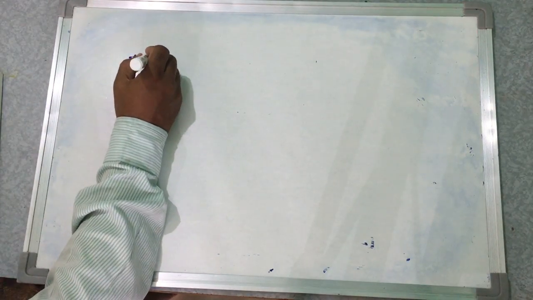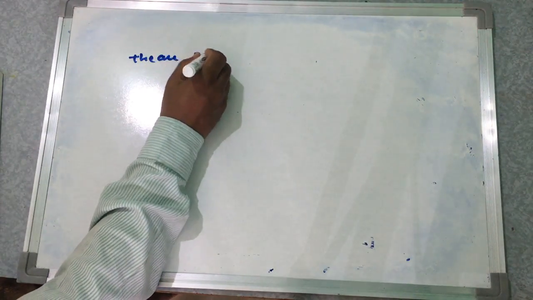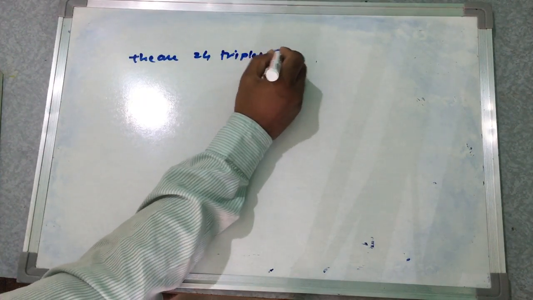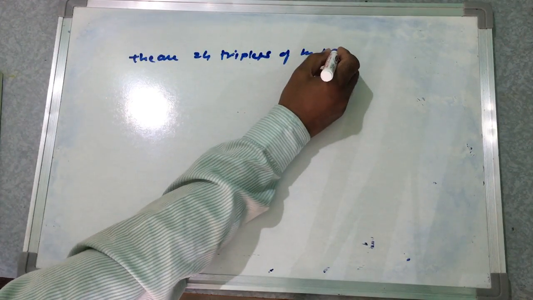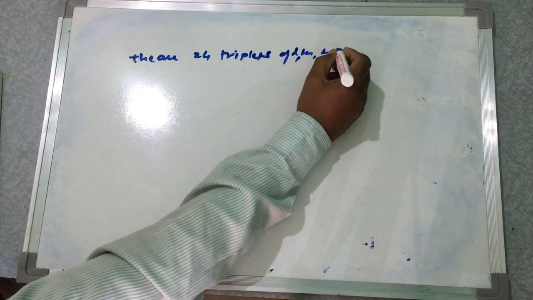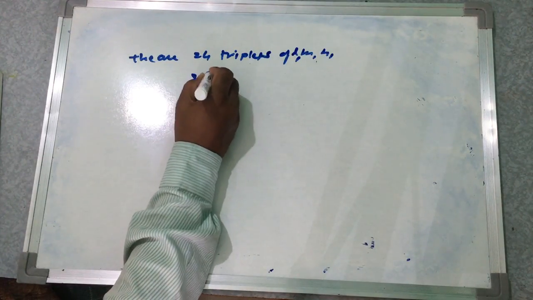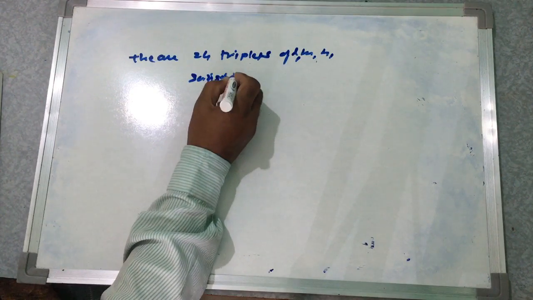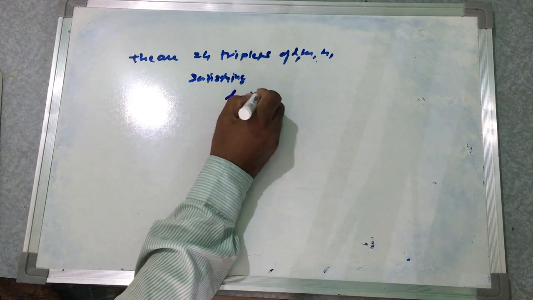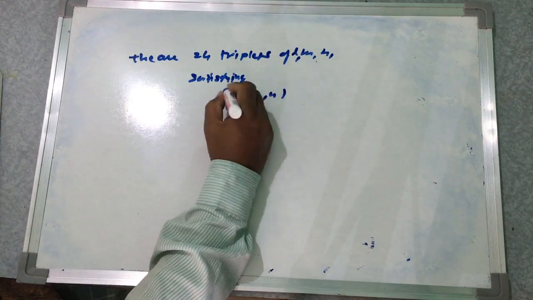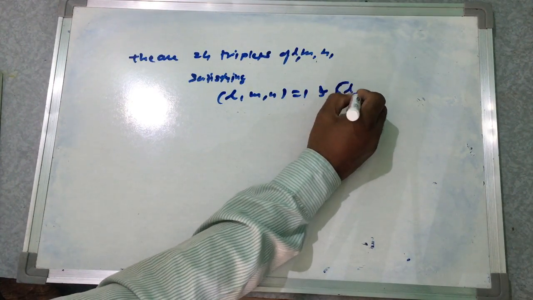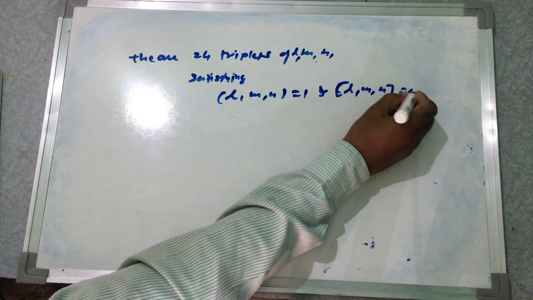There are 24 triplets of l, m, n satisfying (l, m, n) equal to 1 and [l, m, n] equal to 10.